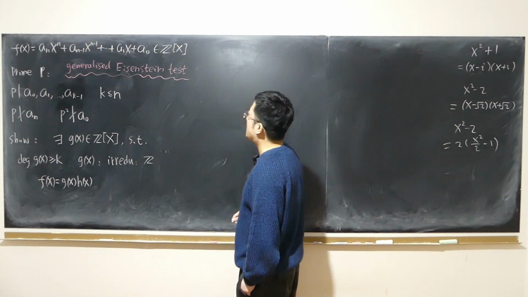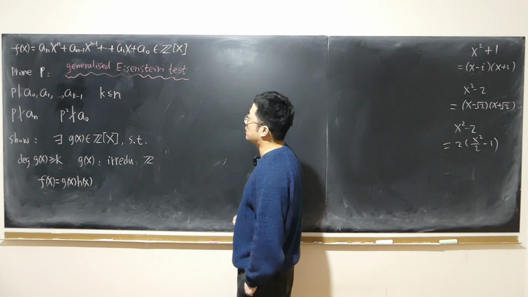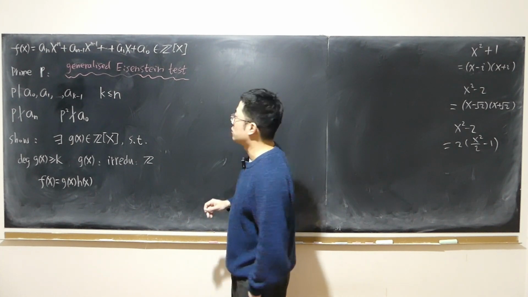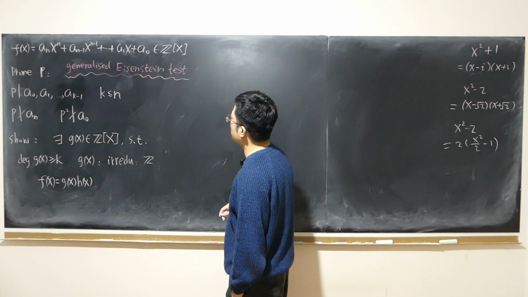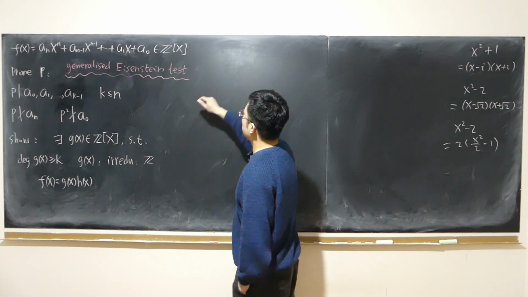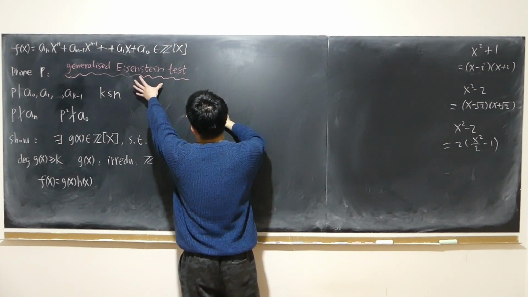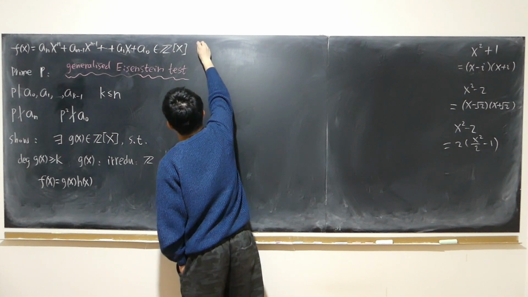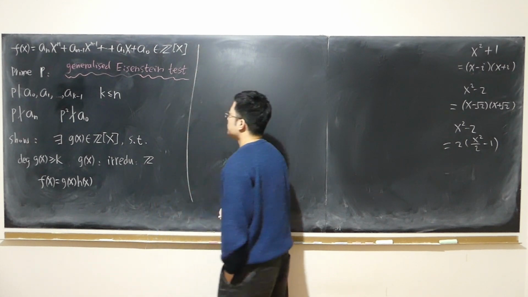The background of this problem is that it is a generalized version of the Eisenstein test. In the future I will prove the Eisenstein test, but first, let's prove this test.